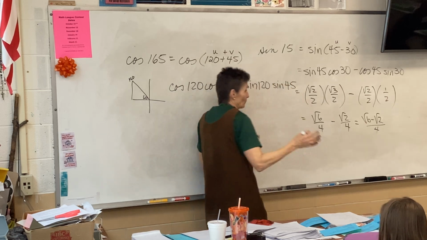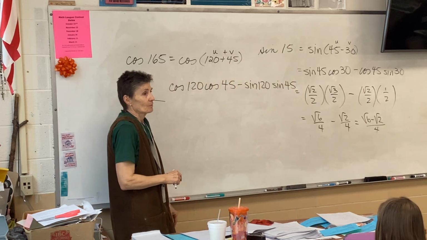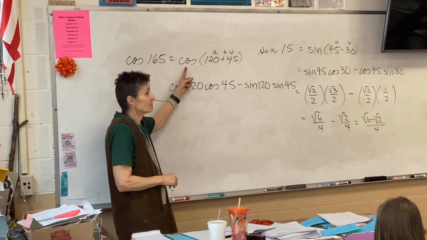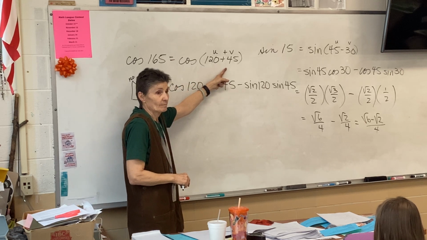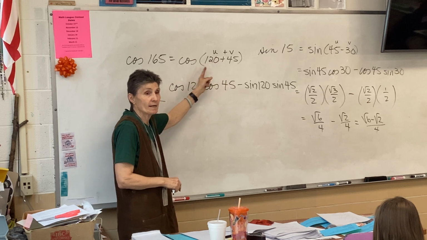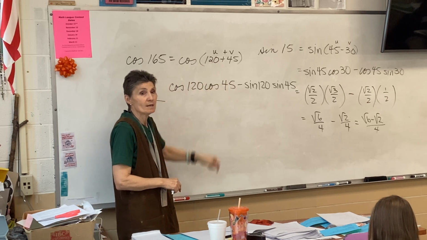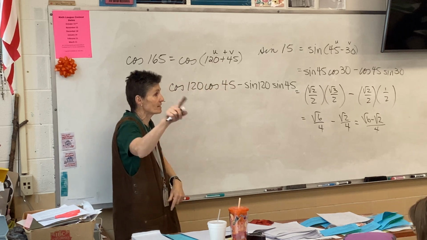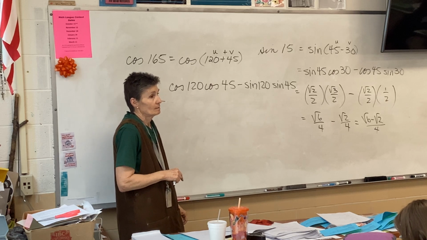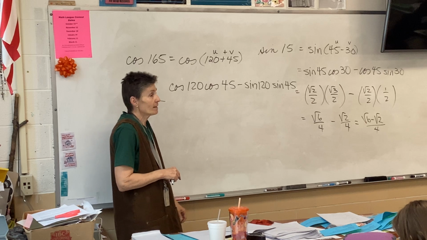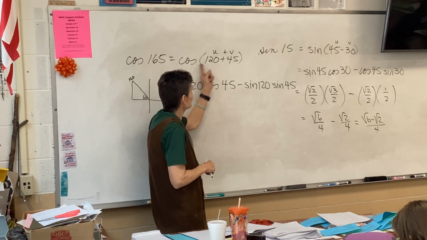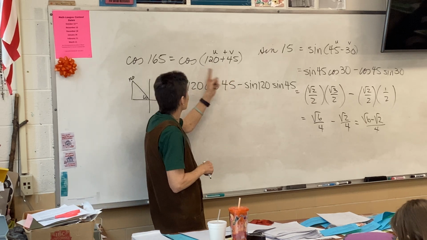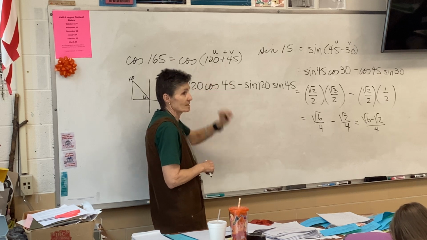Guys, you have to be able to read it off the sheet. Doesn't your cosine plus formula say cosine cosine minus sine sine? Okay, so I got cosine of this, minus sine of this, sine of this.